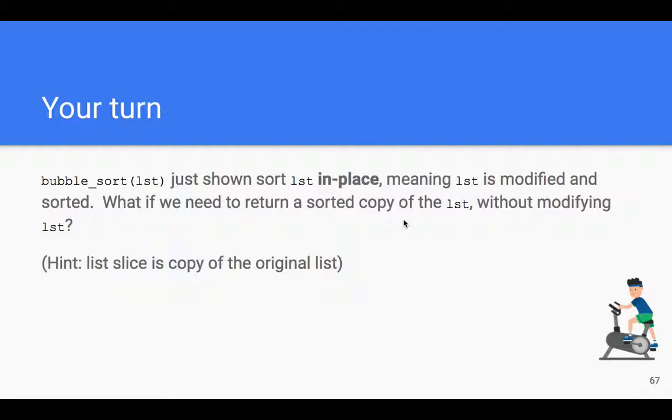Sometimes you might just want to sort a copy of the list. You don't want to change the original list. So the exercise here is how do we sort just a copy and not the original list? And the hint for that is you can create a copy of a list by using list slice. All right, so give that a try.